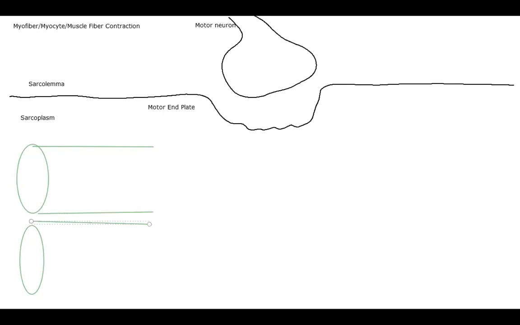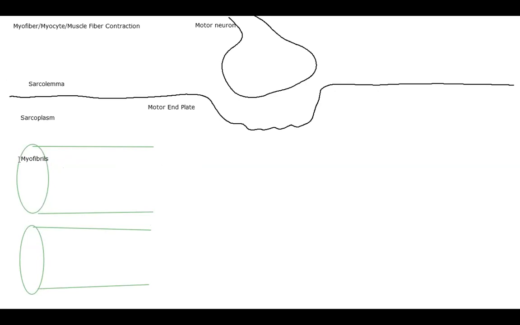But these cylinders are called myofibrils. In reality, they are filling the entire screen, but I don't want to get too much distracting stuff drawn in our little diagram here.